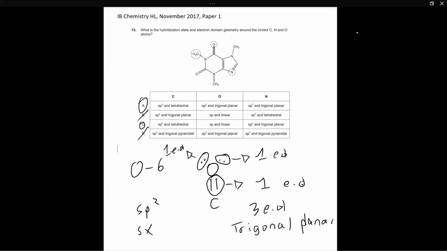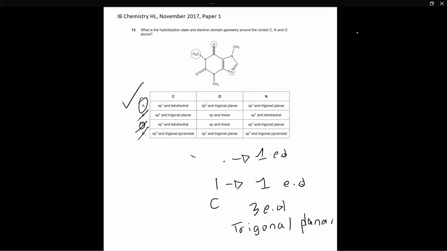So s times p times p. There you go, 1, 2, 3. 3 hybridized orbitals for 3 different domains. Now let's check out which of A or C offers us the sp2 hybridized state and trigonal planar, and that would be A. So we can cancel out C, and A is our correct answer.